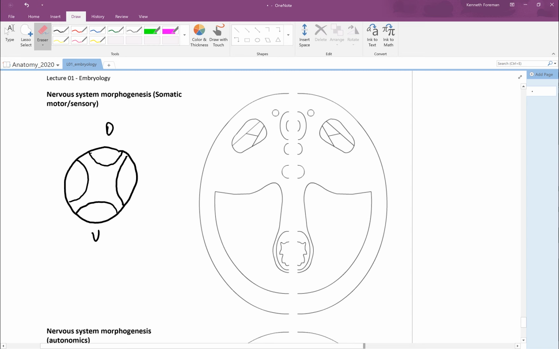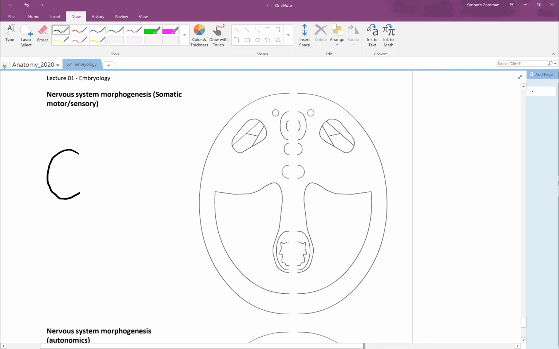That's a very bad drawing. Let me redo that. So we have our neural tube. In that neural tube, we have gray and white matter. I'm going to just draw that in right now.